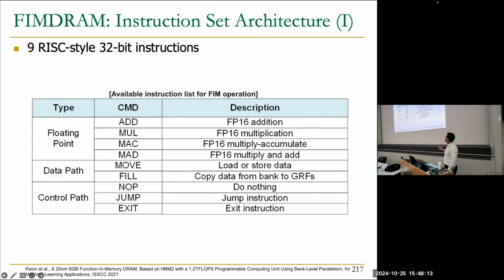They have only 9 RISC-like instructions: addition, multiplication, MAC (multiply and accumulate), multiply and add, and some data movement to move data across the global register file and the data path of the SIMD processor, and some simple jump, some simple control, and no op.